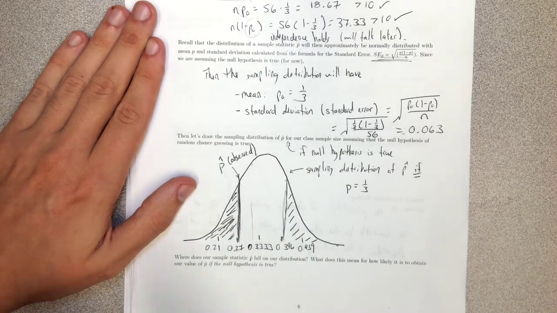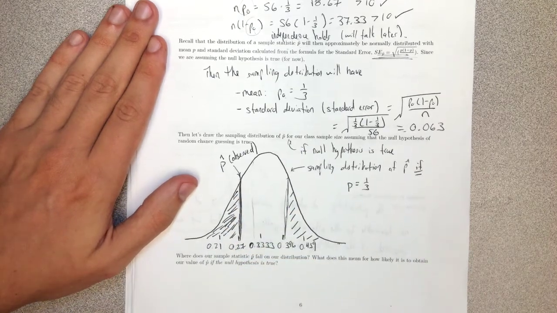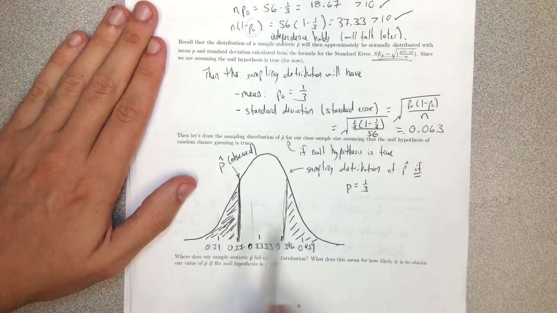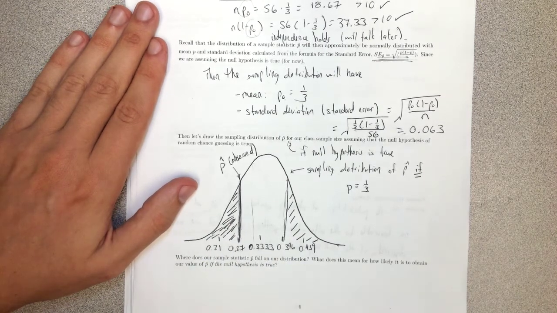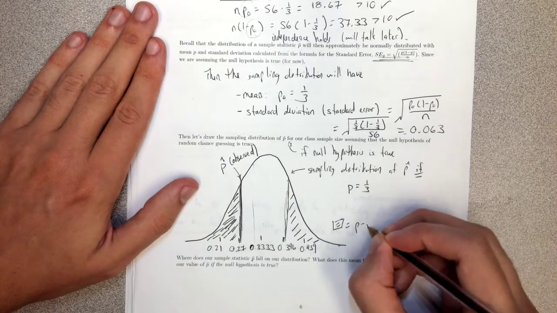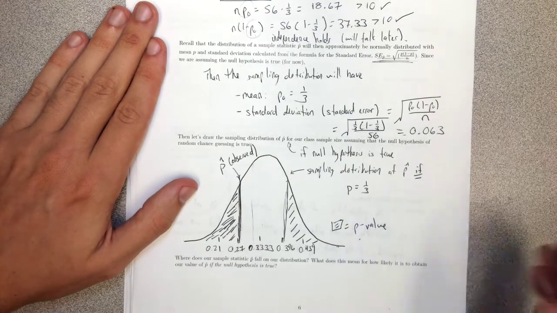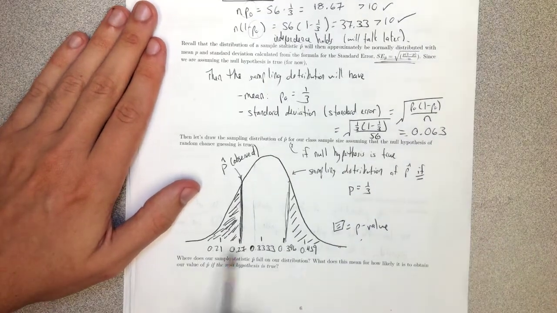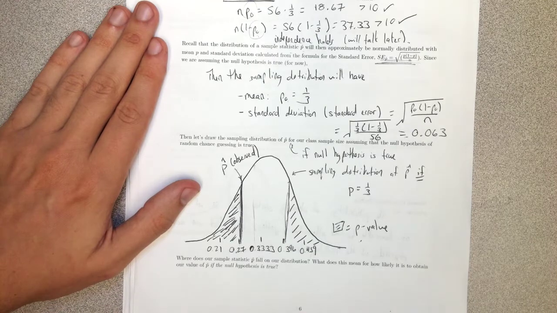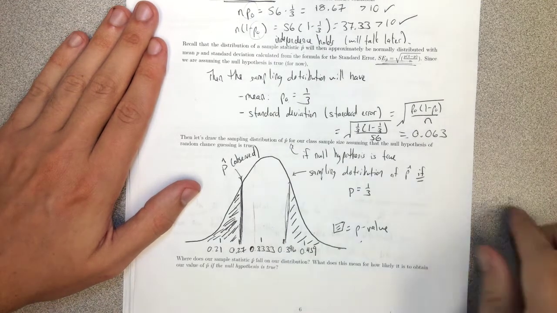And so this is where we're bringing back the idea of what's considered extreme or unusual when we look at this normal distribution, and it's anything in the tails. The shaded area is going to end up being our p-value. So we could guess what our p-value is. It looks like it's about maybe 0.3-ish, just based on our picture.